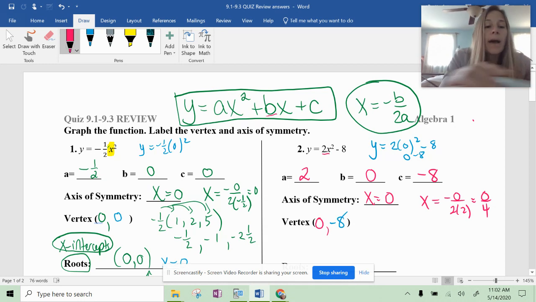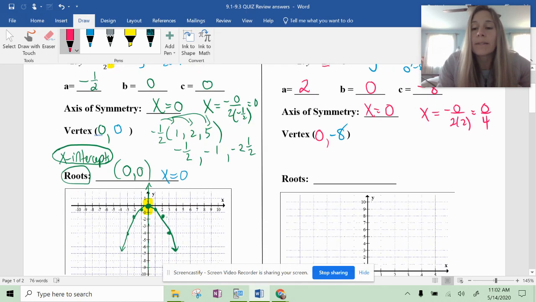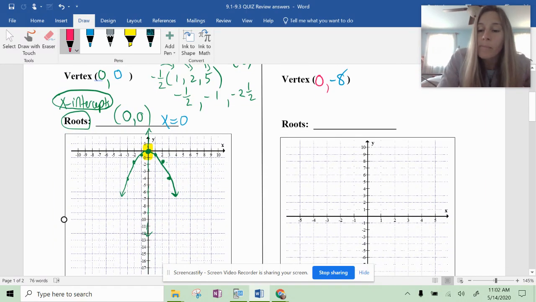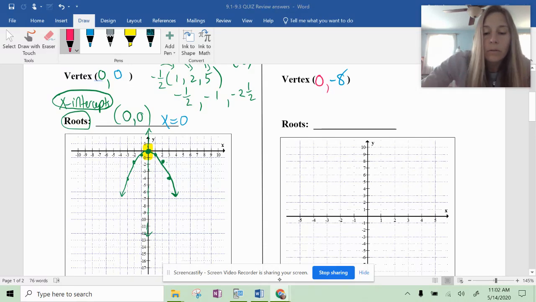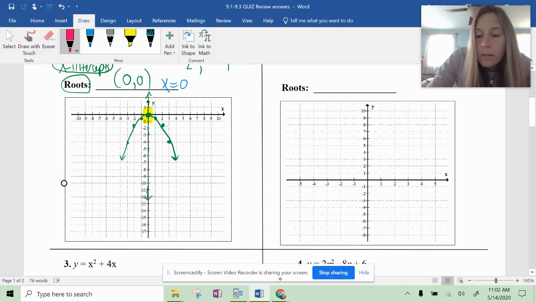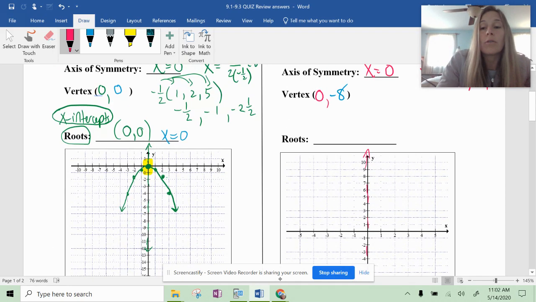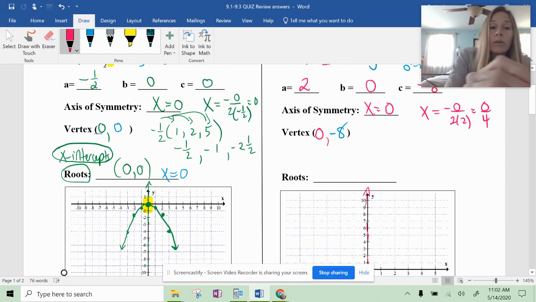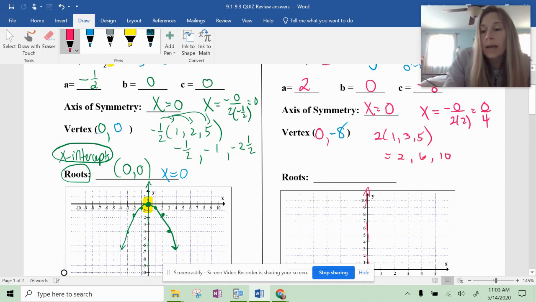So when I go to my graph, I want to plot 0, -8. And my axis of symmetry is the y-axis because that's our line there. And then we want to do the graphing pattern. So the graphing pattern is going to be 2 times 1, 3, 5, which is going to get us 2, 6, and 10.